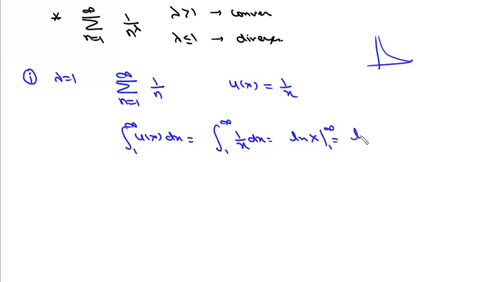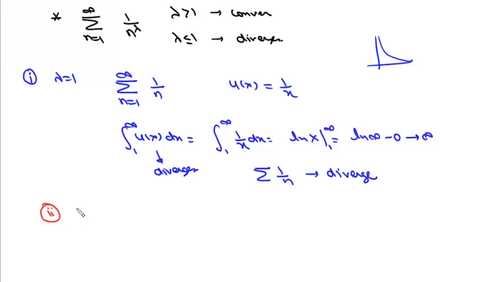Now it will be log infinite minus log 1, which is 0, and log infinite is infinite. That means this integral diverges. So this summation 1 by n will also diverge.